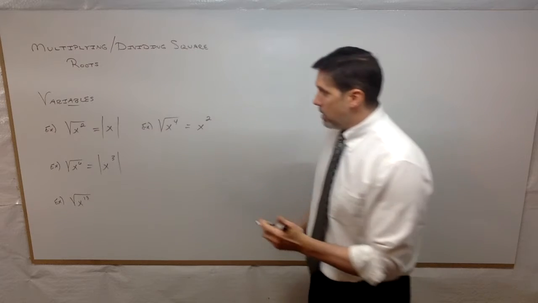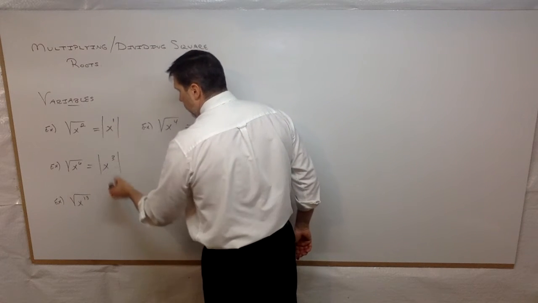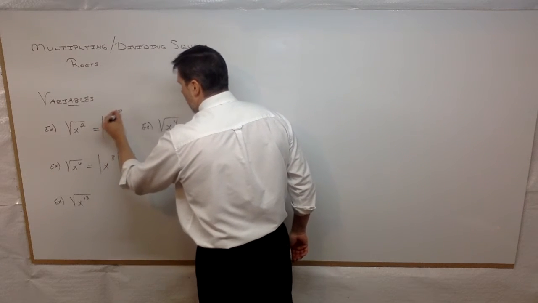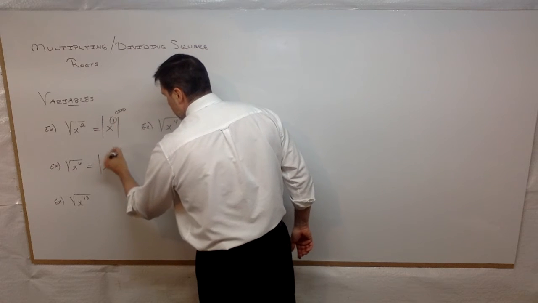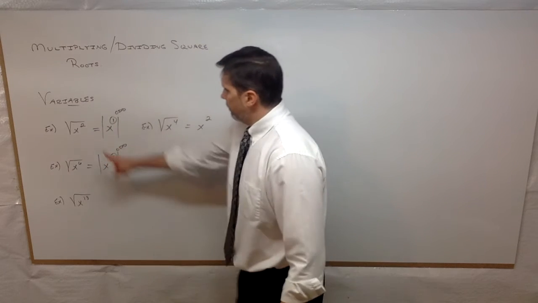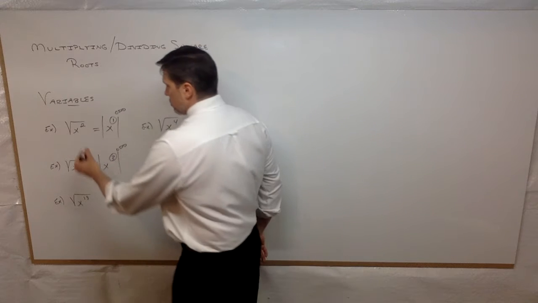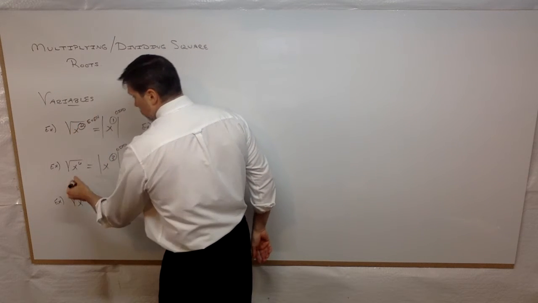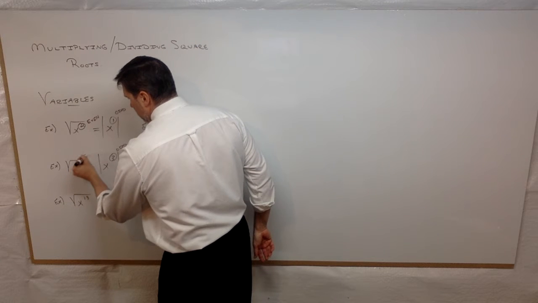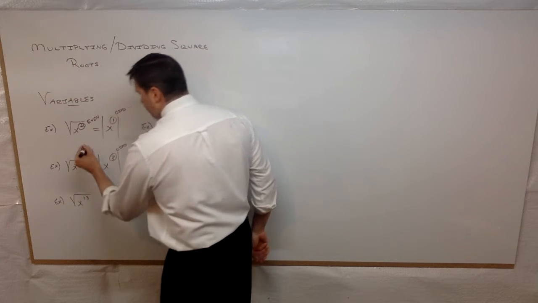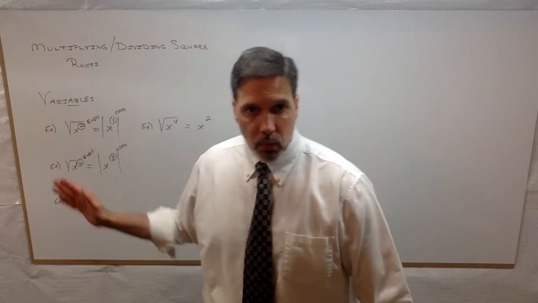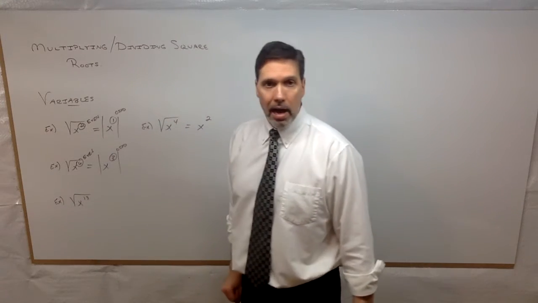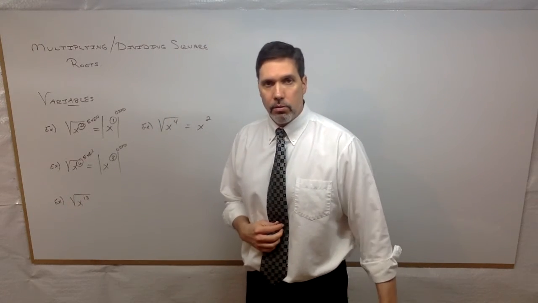We need it basically when our exponents turn out to be odd. If we have a perfect square where it starts off even, and that's what makes for a perfect square, and after we do the square root we get x to an odd power, that's when we have to have the absolute value.